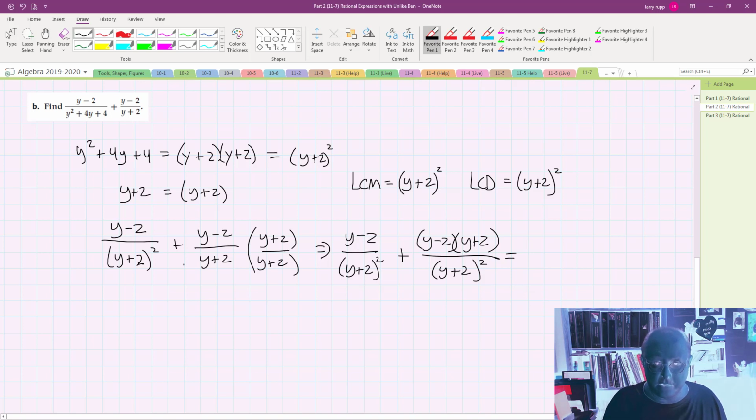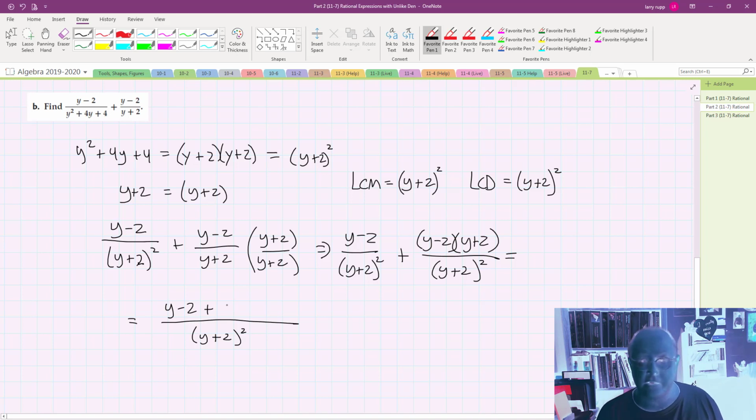Let's go ahead and put this all over a common denominator. So this is all going to be over y plus 2 squared. We have that first term, y minus 2, plus, now I'm just going ahead and FOIL this guy here. Okay, so we have y squared minus 4. Okay, because the inner terms cancel.